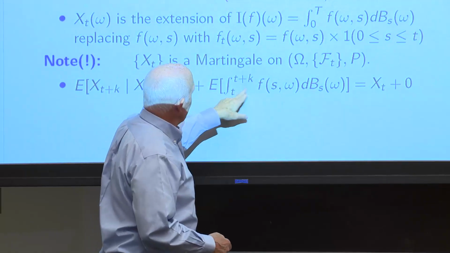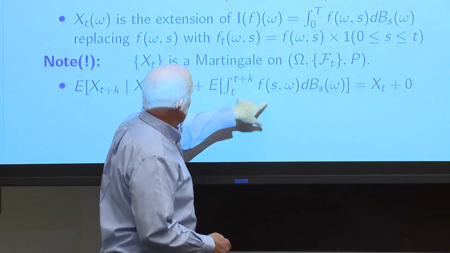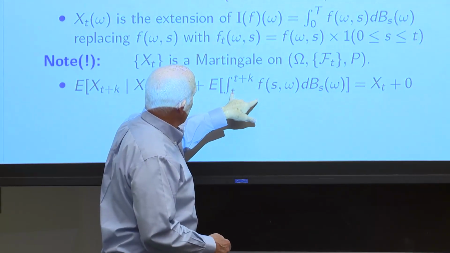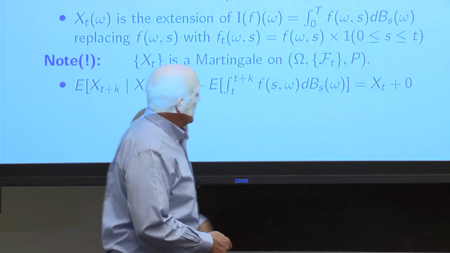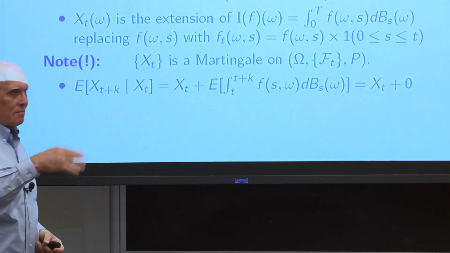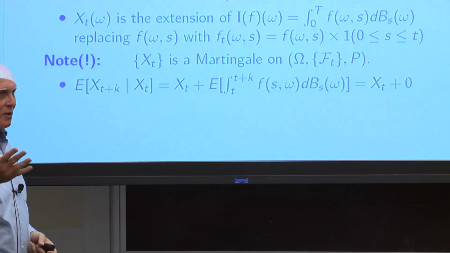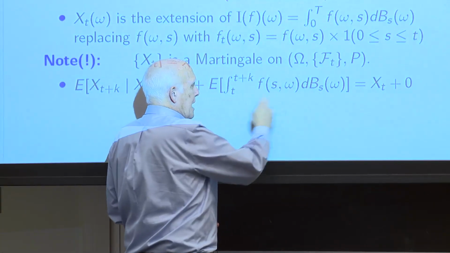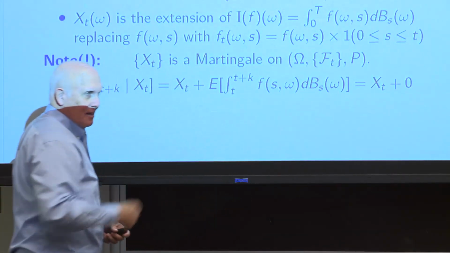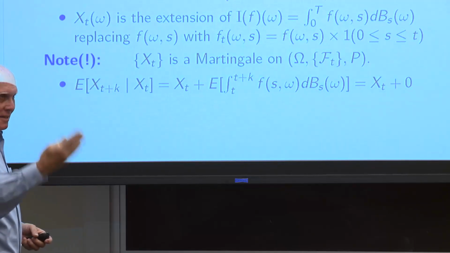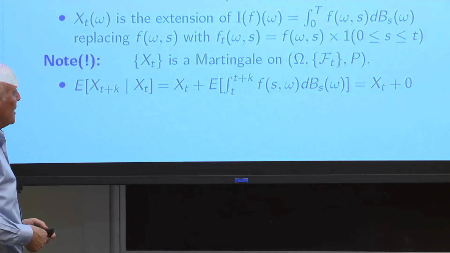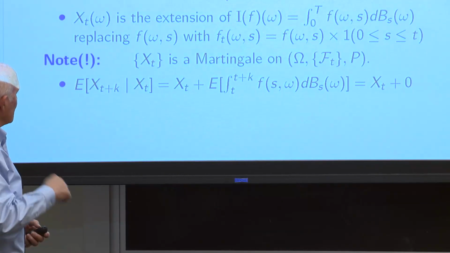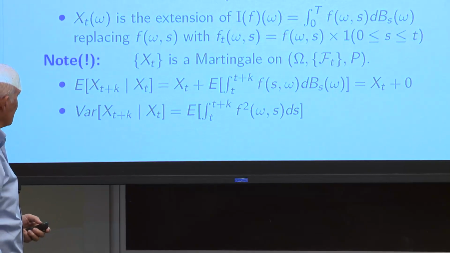The expectation of this future increment from t to t plus k integrates a function times increments of the Brownian motion, where our function values depend on the past and the increments are independent in the future with mean 0. So this expectation turns out to be satisfied.